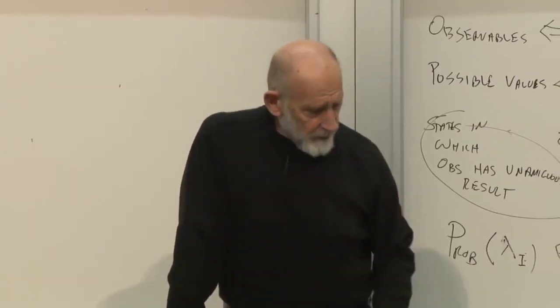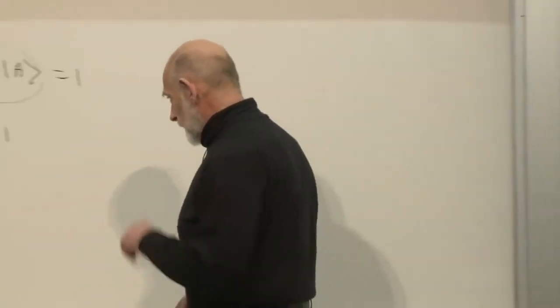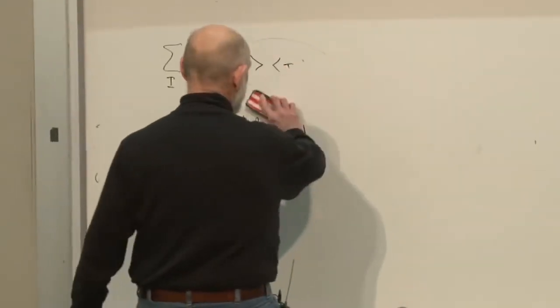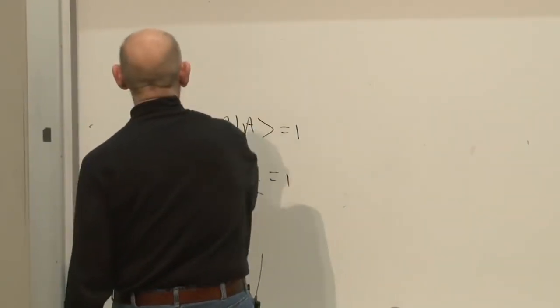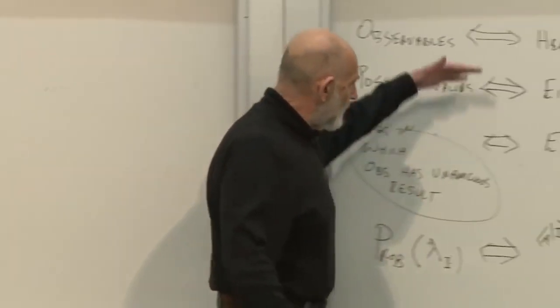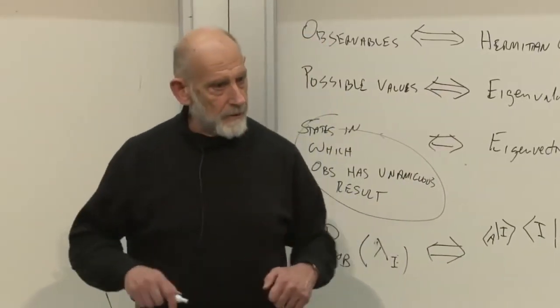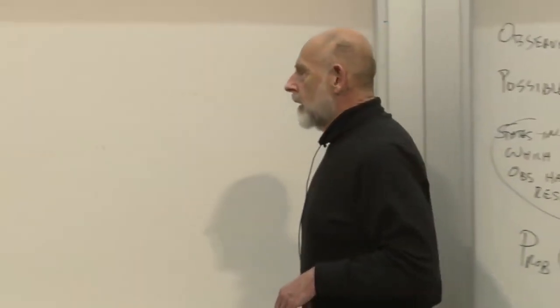Let's see if we can apply this to the spin system. You get a very general formulation, and now we want to try it out and see how it works. All right.